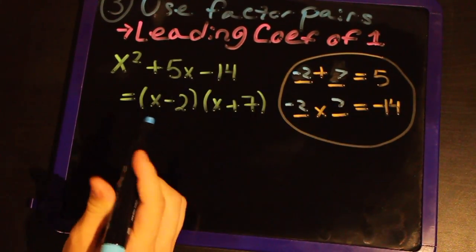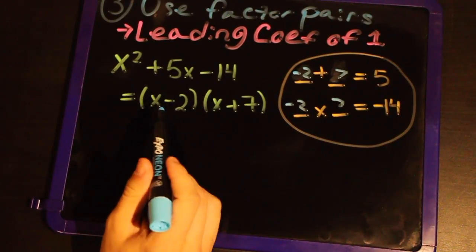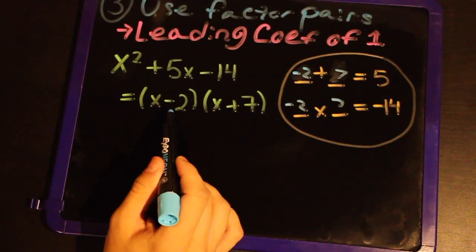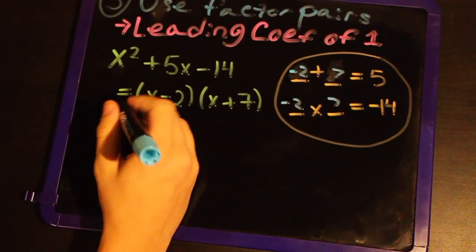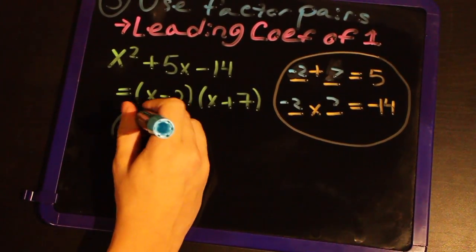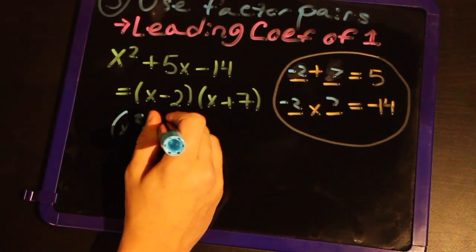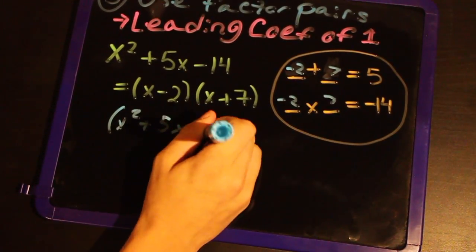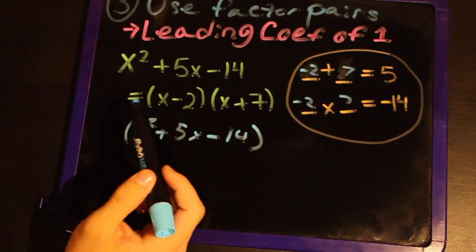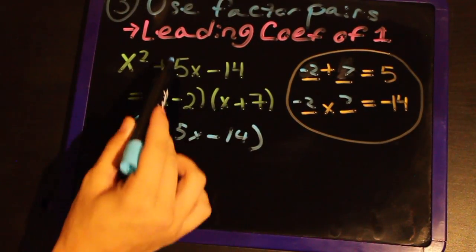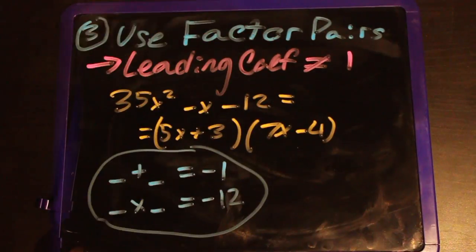So we will simply end up having negative 2 and 7 in the parentheses. And when we FOIL this out, we'll end up with our parent equation of x squared plus 5x minus 14. It's always good to FOIL the factored equation out to make sure you get what you started with and you did it correctly.